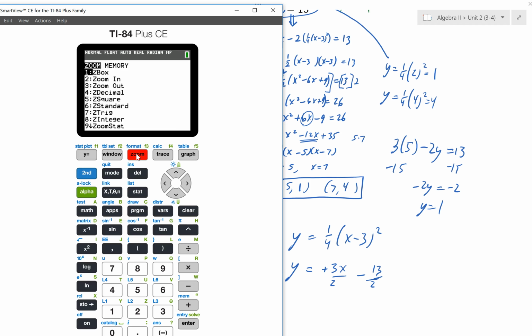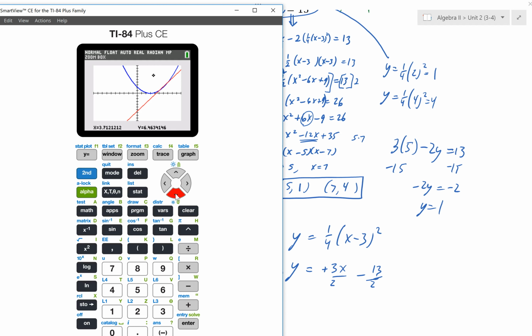If I choose zoom box, that's the first option. What I'm going to do is create a box around what I want my new window to be. So imagine a rectangle. I'm going to move the cursor to the upper left-hand corner of where I want my new rectangle to be.